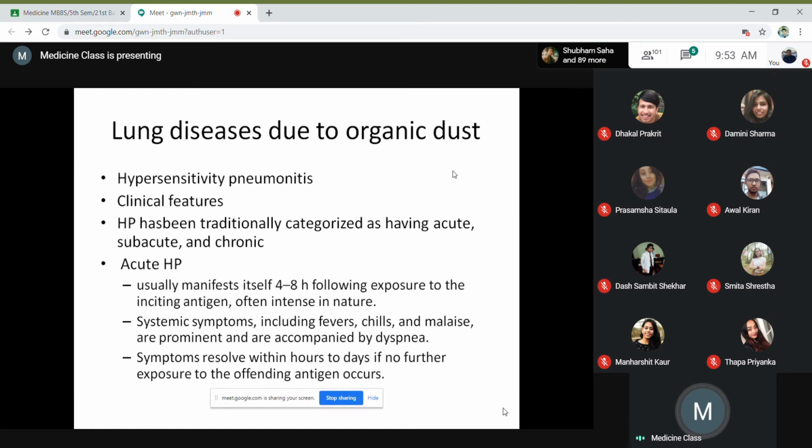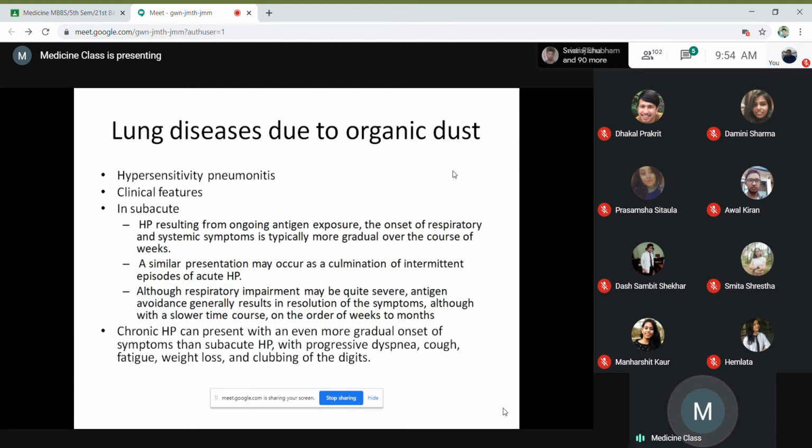These symptoms may resolve within hours or days if there is no further exposure to the offending antigen. If the exposure to the antigen is stopped, the symptoms may resolve within a few hours or days. This is acute hypersensitivity pneumonitis.